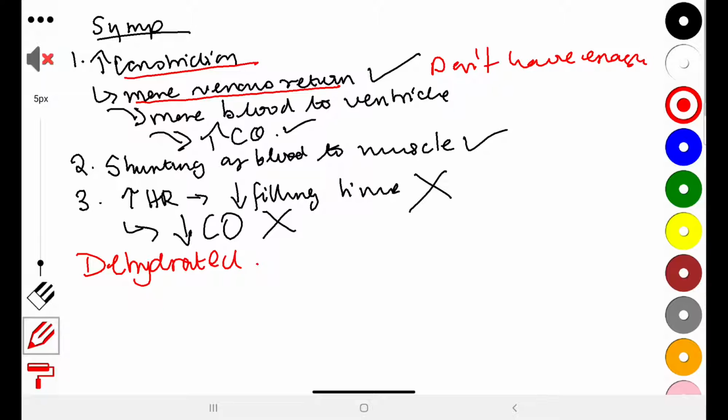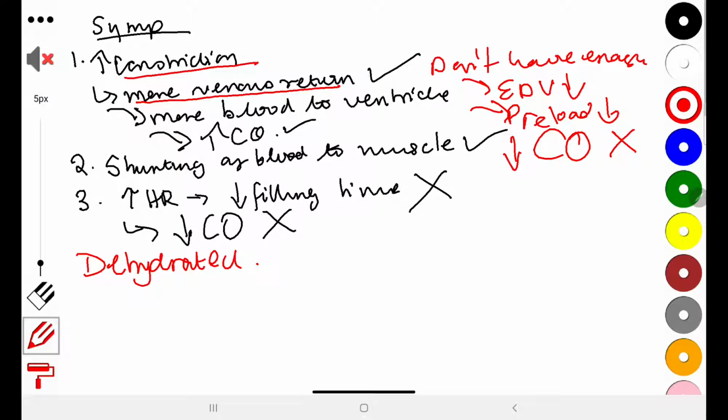So your EDV is going to go lower, preload will also go lower, and finally cardiac output will also go low, and we don't want this to happen.